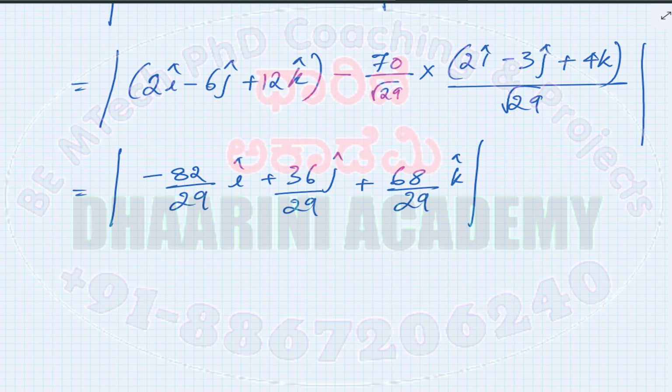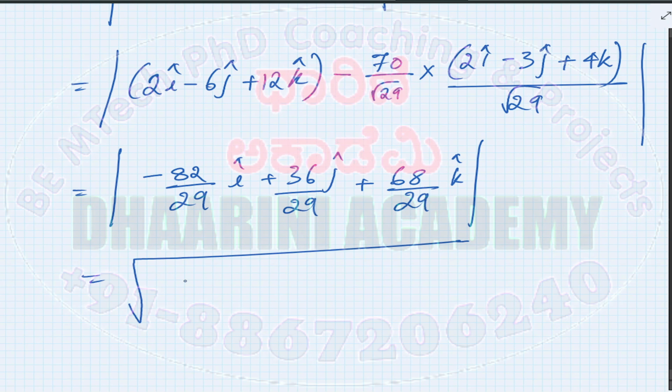All right, now let us substitute. I need to take its magnitude, so I'll take the 1 by 29 outside. This is the square root of 1 by 29 times 82 square plus 36 square plus 68 square.